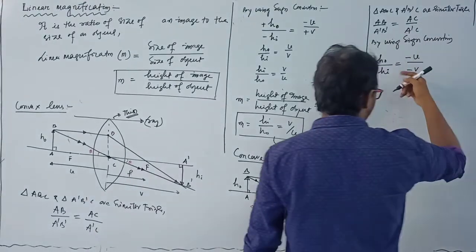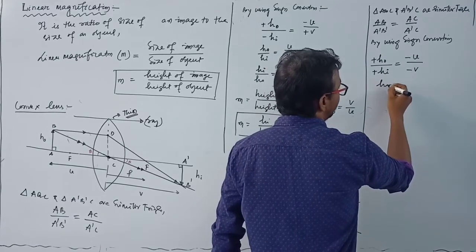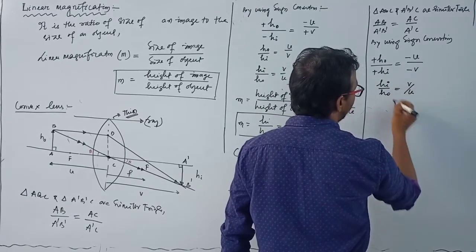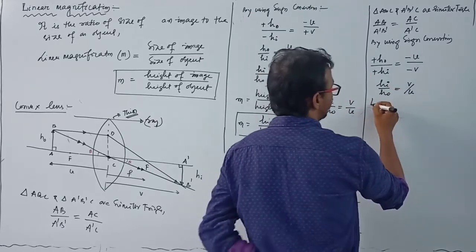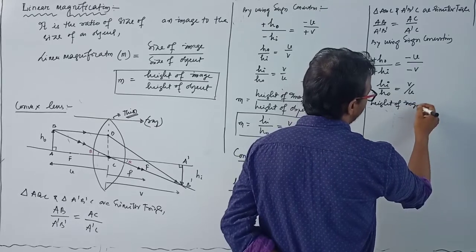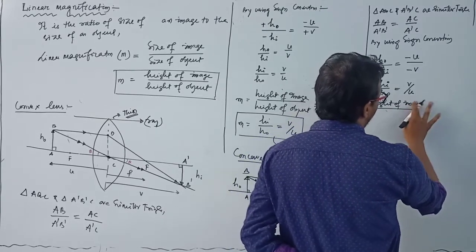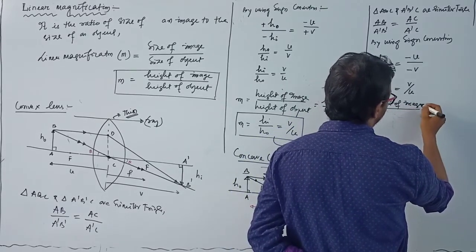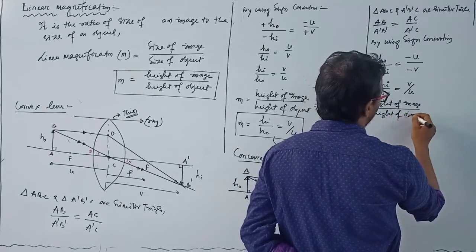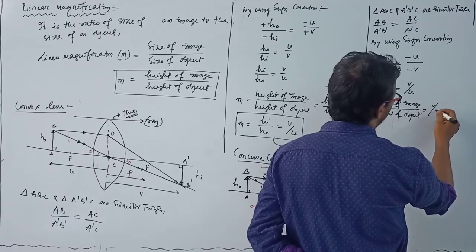Clear? And minus cancel. If we write this relation, then hi by h naught is equal to v by u. Hi by h naught means height of image divided by height of object, which is equal to v by u.